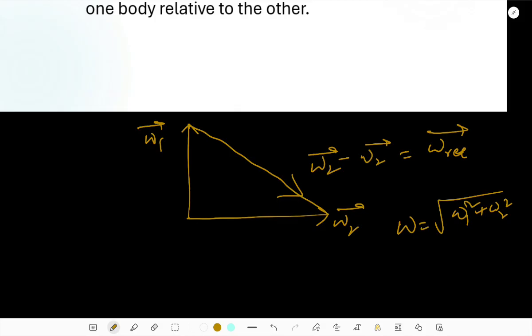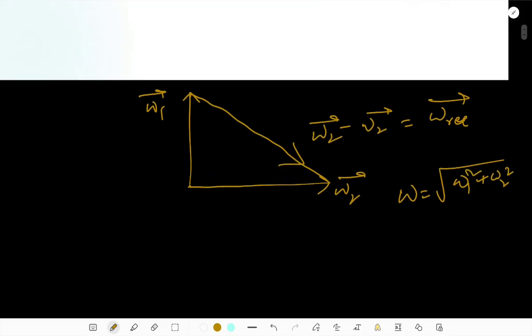Now we want to know the relative acceleration. In this case, I would like to write the relative acceleration as beta or alpha, whatever symbol you would like to give it. So beta is simply the derivative of the relative velocity with respect to time.